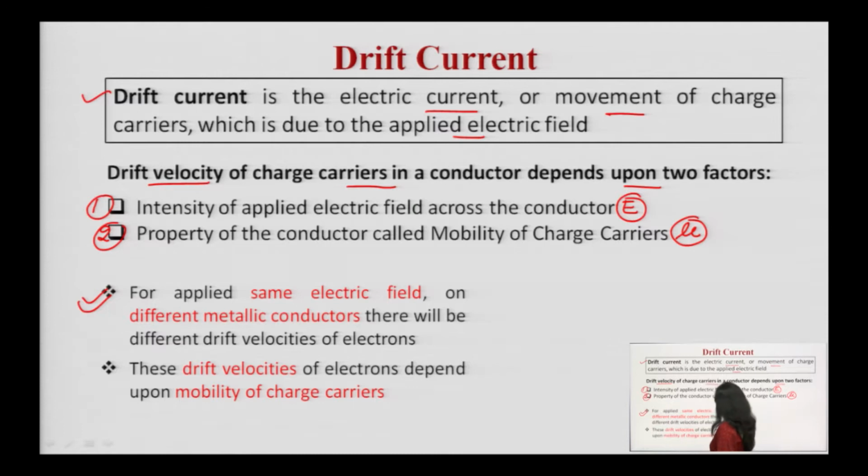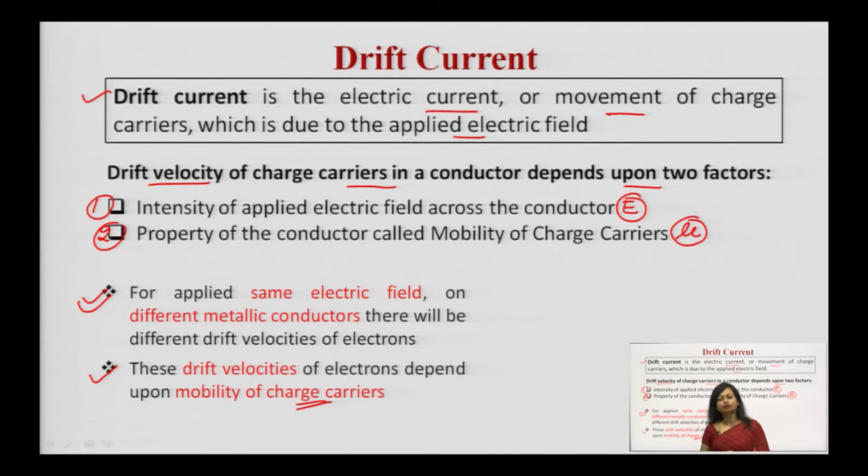The drift velocity of the electrons depends upon the mobility of the charge carriers. Mobility is a very general term. You used to say how mobile that person is, how mobile that thing is. It means there are certain charge carriers moving in that particular semiconductor or material. So, mobility of charge carriers is a very important property upon which drift velocity depends.